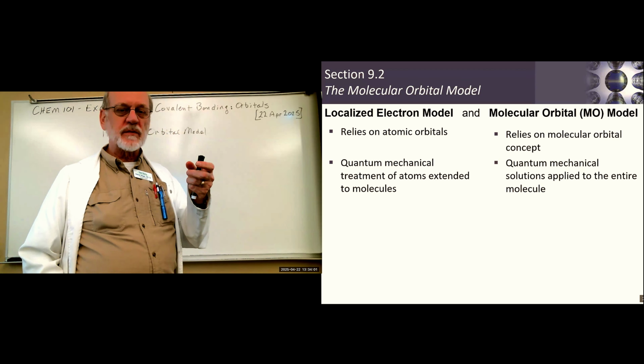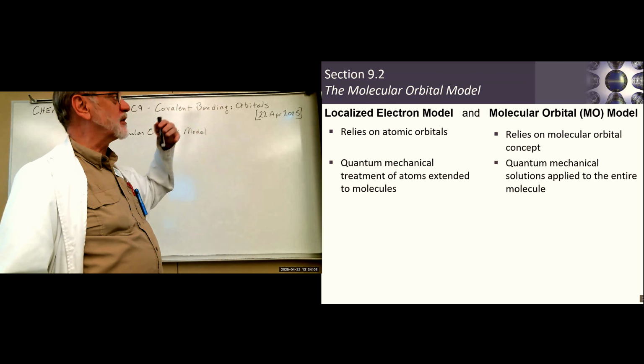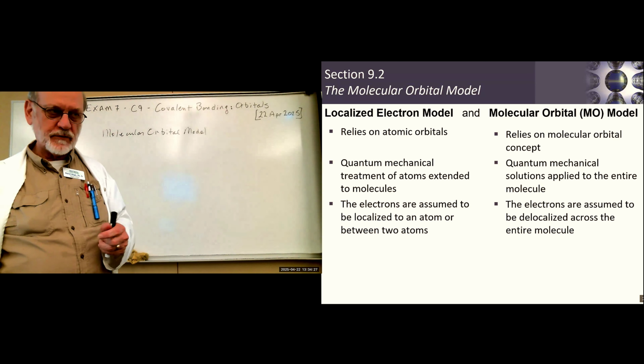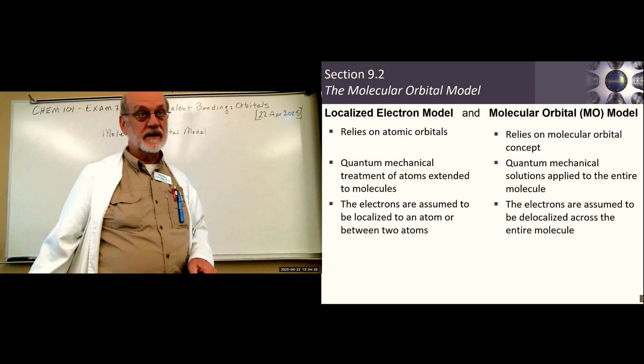The quantum mechanical treatment of atoms is extended to molecules for the localized electron model. But for the molecular orbital model, we create a whole new set of equations for the molecular orbitals, and they're applied to the entire molecule. So we're splitting hairs there, until you actually get into the equations, and then you'd see they're radically different.